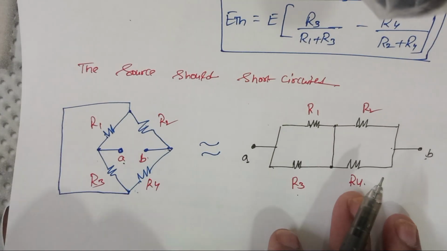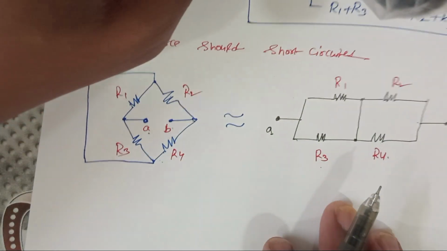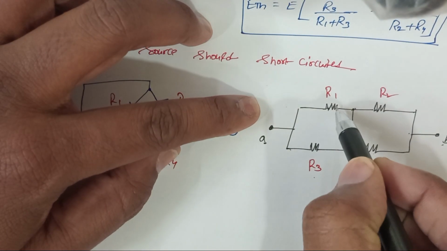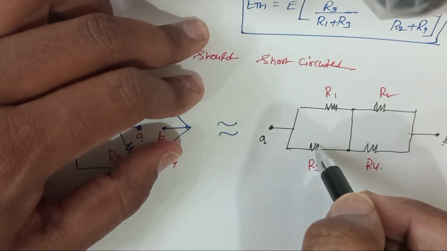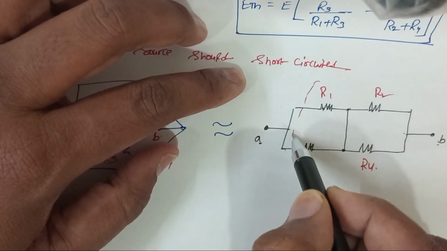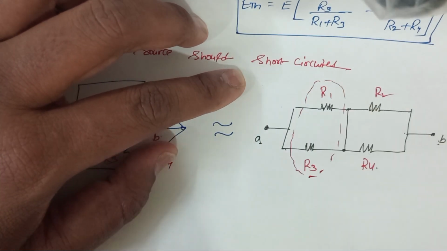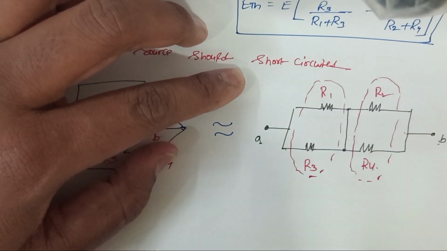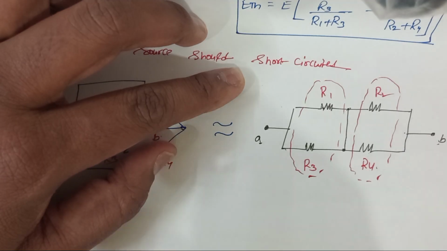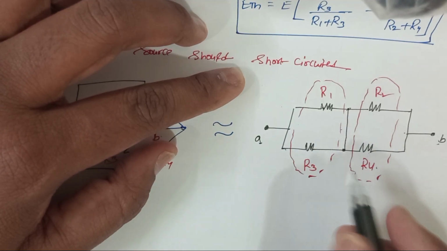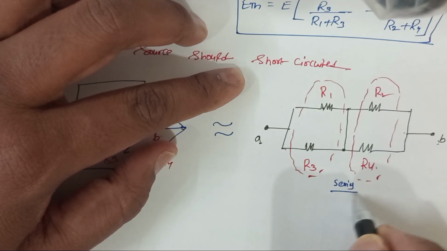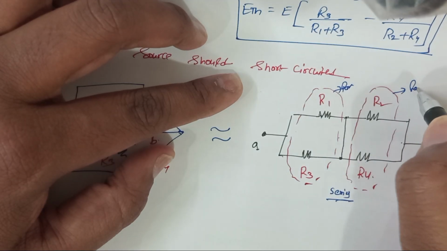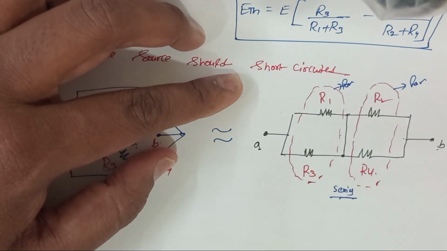Now these two resistors are in parallel, and at the same time these two are in parallel, and these two combinations are in series with each other.